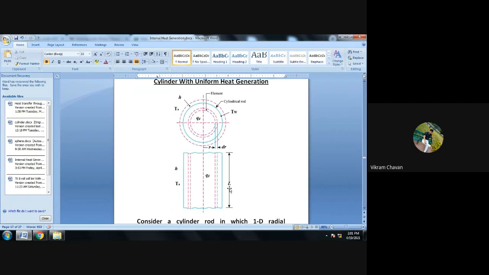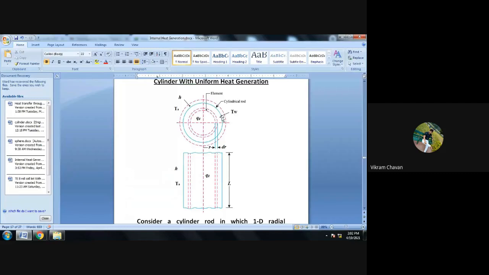Here we are going to consider that the rod has length L, and the radius of the rod is capital R. Now the surface of that rod is maintained at, or has, the temperature TW.